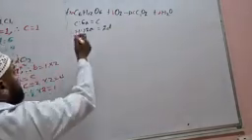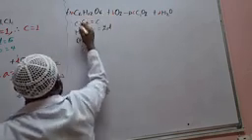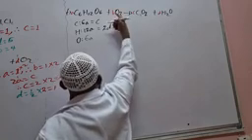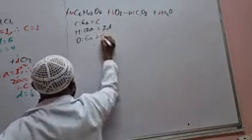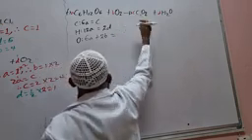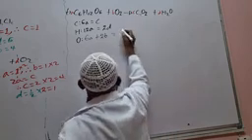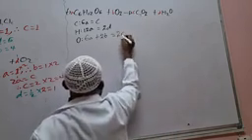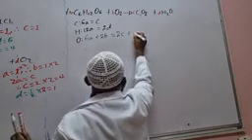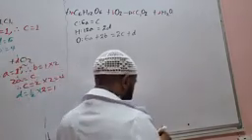Oxygen in the reactant is found in 2 places: 6 times A, 6A, plus 2B, is equal to oxygen in the product, found in 2 places: 2 times C, 2C, plus 1 times D, D.